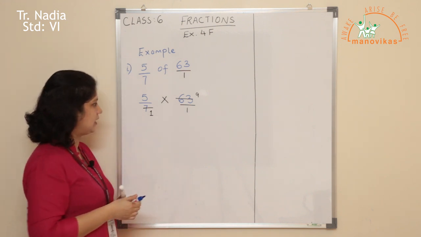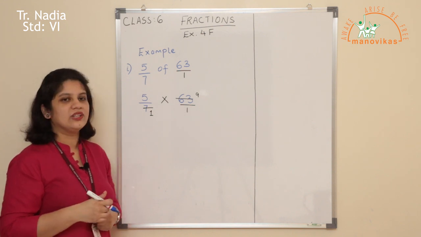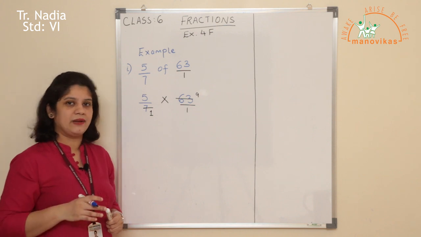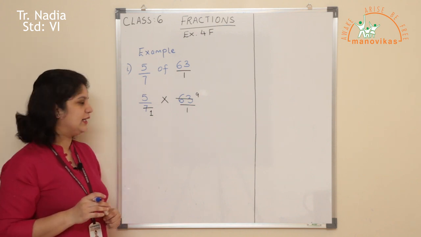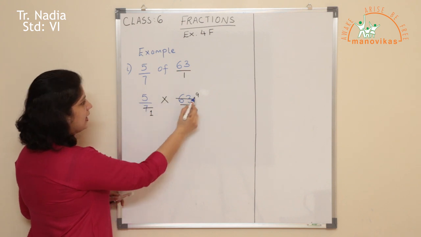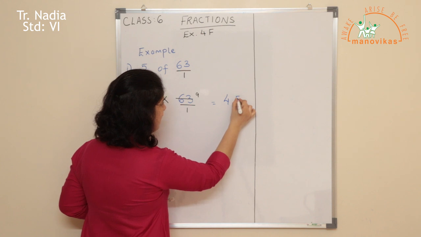Now, can I reduce anything more? No, nothing else can be reduced. So, now the next step is to multiply whatever is there in the numerators and multiply whatever is there in the denominators. So, in the numerator, I have 5 multiplied by 9, which is equal to 45.